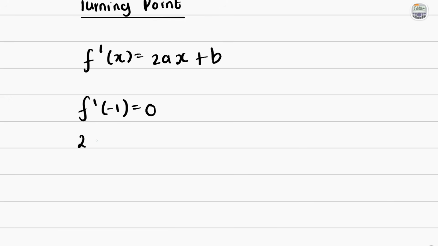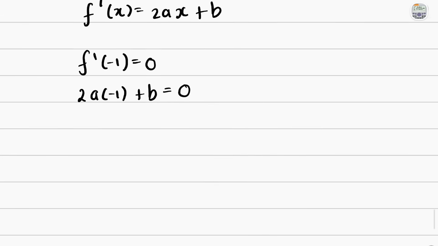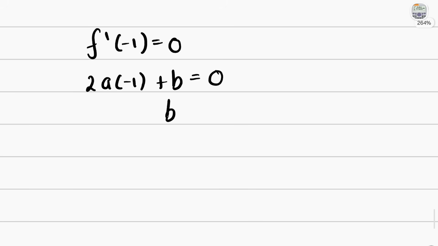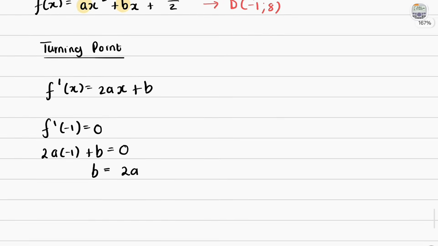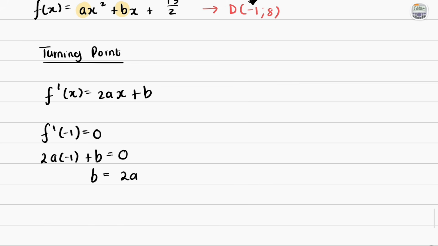So this is going to be 2a times negative 1, and then plus b is equal to 0. And now you can just make b the subject, since it looks simpler than making a the subject. 2a times negative 1 is negative 2a, and if you transpose that, it's positive 2a. Okay, so we've got our first equation, and b is the subject.